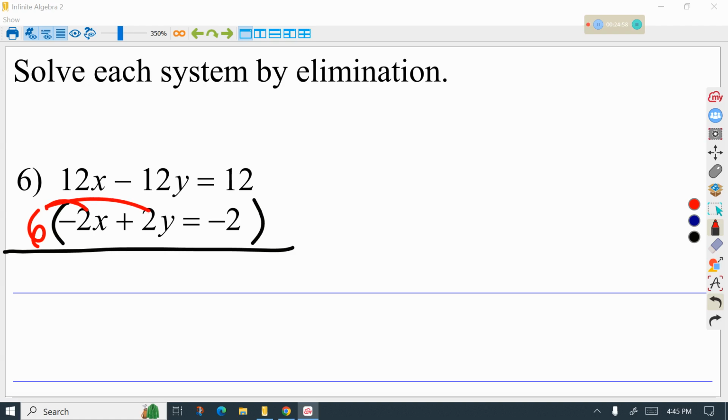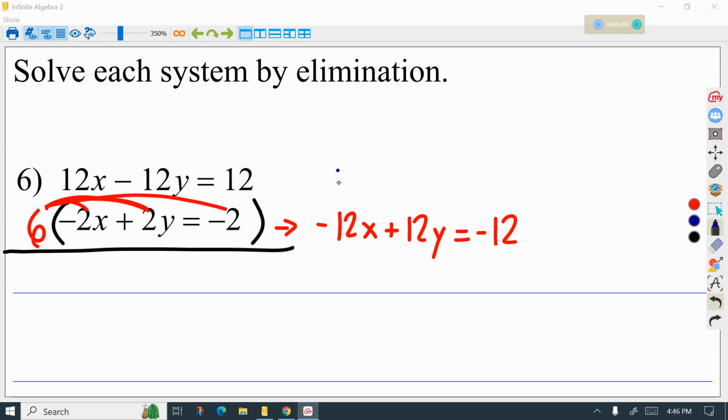Okay, so first off, we have this little arrow to show the new equation that's going to result, and we'll get negative 12x. Then 6 times positive 2y gives me positive 12y, and 6 times negative 2 gives me negative 12.